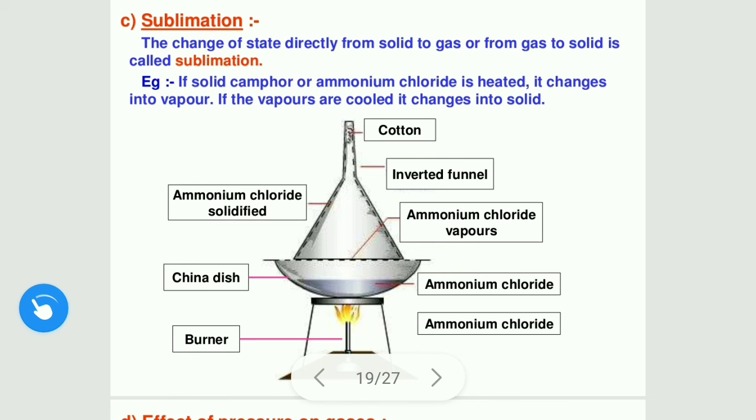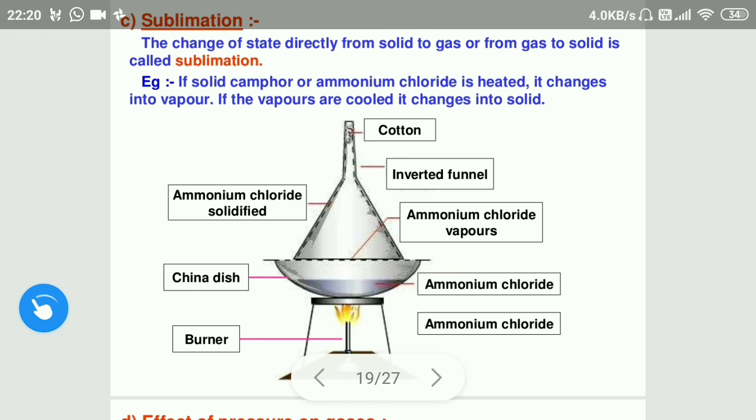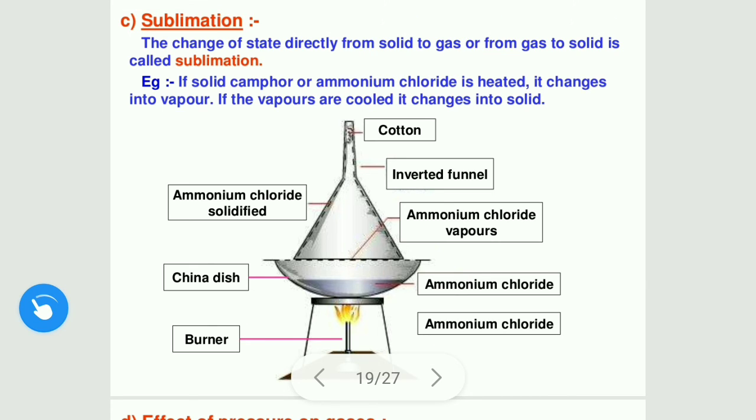Third is sublimation. This is a rare phenomenon but commonly observed. That is change of solid to gas directly without passing through the liquid state. This is the direct conversion of solid to gas. This phenomenon is known as sublimation.